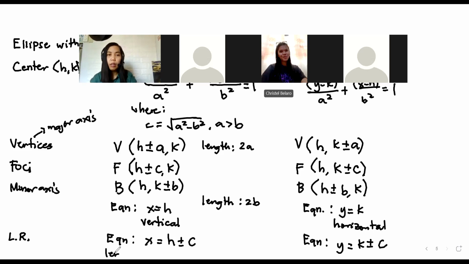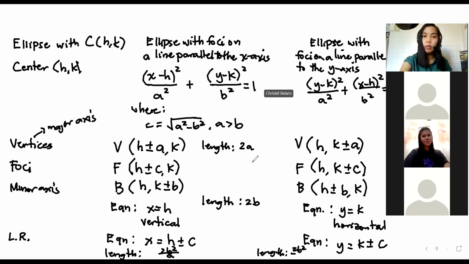And the length of the latus rectum pala, ganun pa din: 2b squared over a. Okay, so it's just the same.